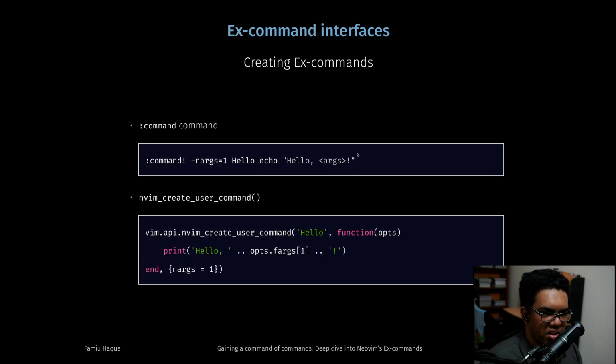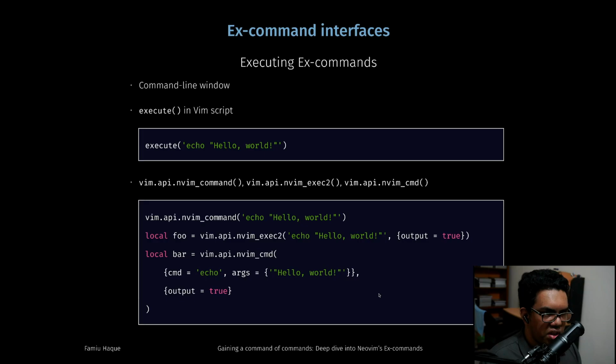This example basically creates a command named hello, which just prints its first argument after hello. And with the Lua interface, you have nvim_create_user_command, which allows you to do the same thing. So the code on the bottom and the top are basically the same thing, one in Vimscript and one in Lua.